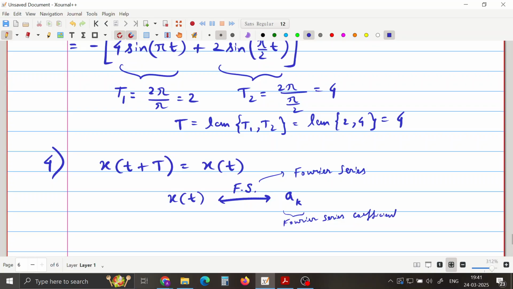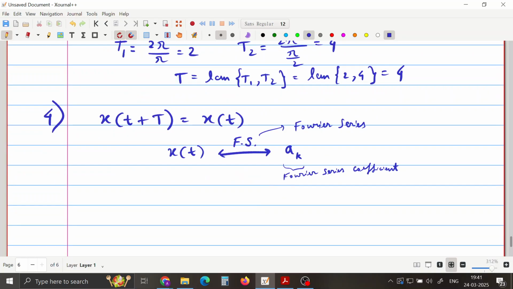Now in part A, I have been given a time shifted version of my original signal x of t. I am time shifting by an amount t naught, and I have to find its Fourier series coefficient in terms of ak, the original Fourier series coefficient of x of t.